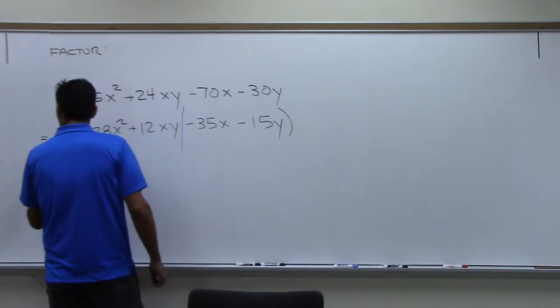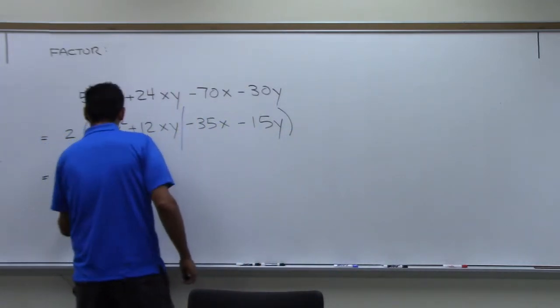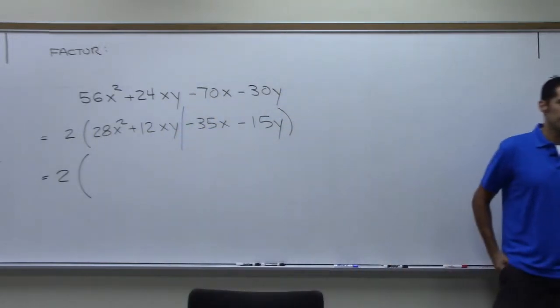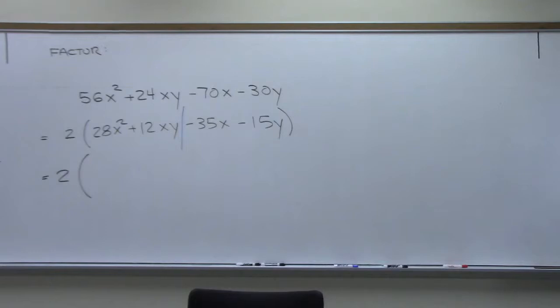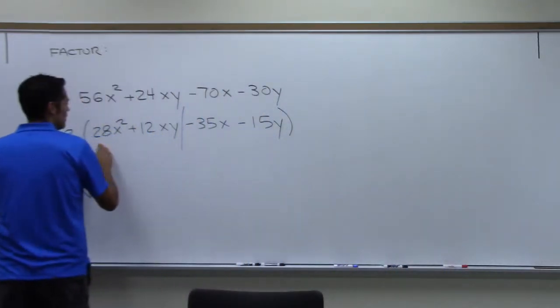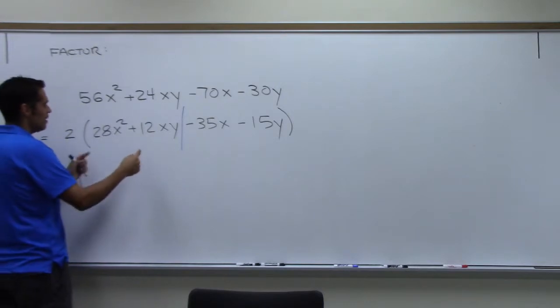So watch how I write this. 2 parenthesis. And then I'm going to pull a GCF out of the first 2 terms. Kathleen is going to pull a GCF out of the first 2 terms. You don't want to? Okay, let me help you, Kathleen.